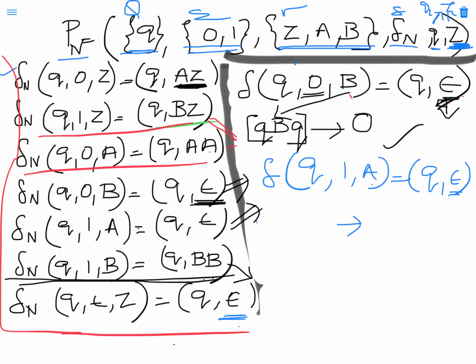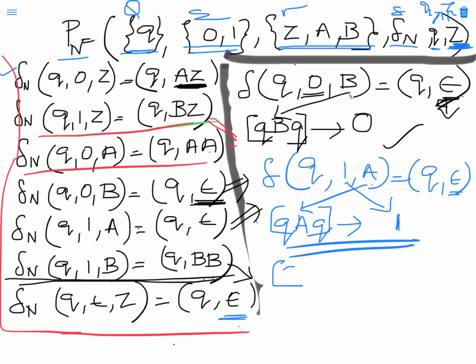On the left hand side you give a non-terminal with the middle element as a, put the state on left and right, and 1 is the input being read, so the right hand side will have 1. So the production generated will be [qAq] gives 1.